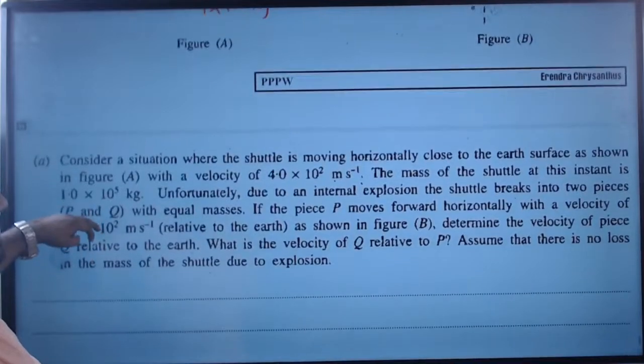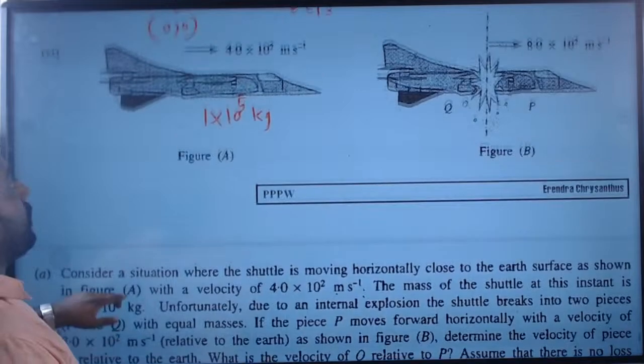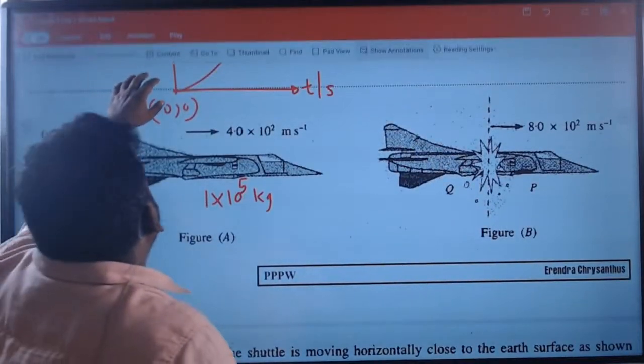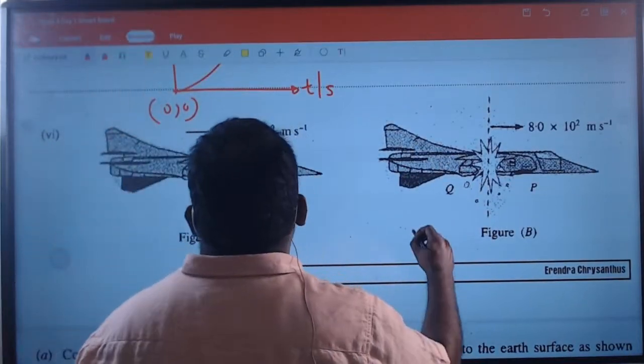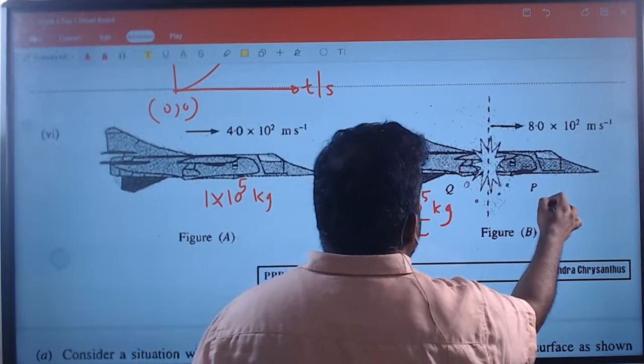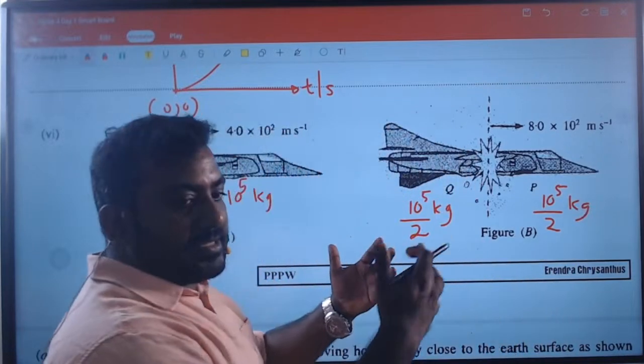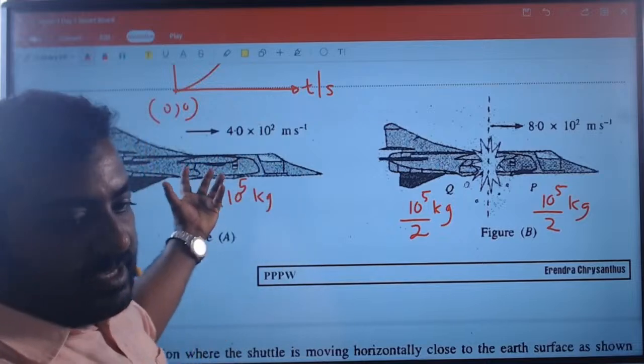Unfortunately, due to an internal explosion, the shuttle breaks into two equal parts, P and Q. Now the shuttle breaking into two equal parts means 10^5 divided by 2 kilograms each. Now when the rocket is traveling, the mass has reduced; this is the new mass.